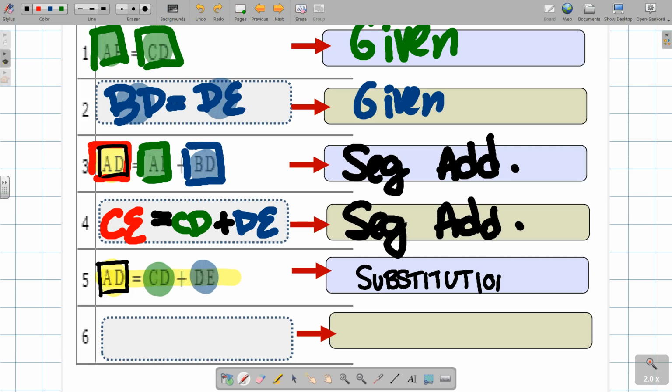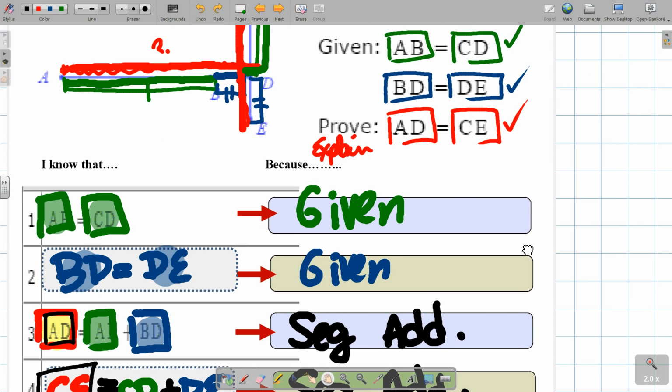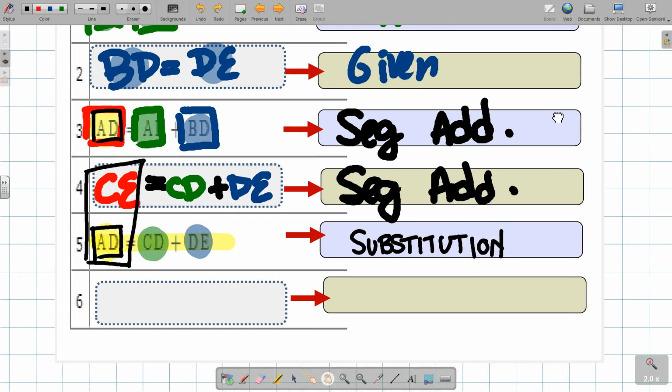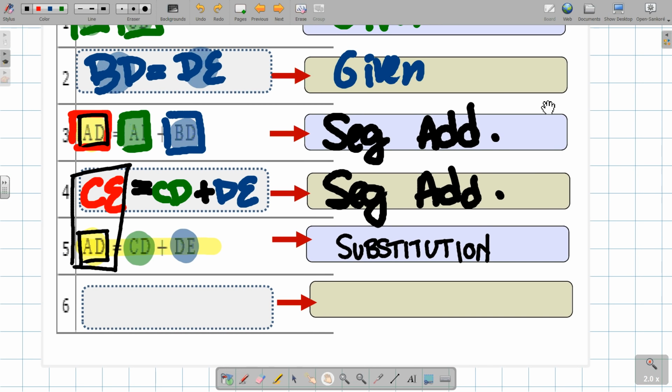Now you ask yourself, why would I do that? Remember, our ultimate goal is to connect these two somehow, some way. That's our ultimate goal. How do we know that's our ultimate goal? That's our proof, AD and CE. So what we're trying to build, if you will, is a Lego connector piece that can connect them.